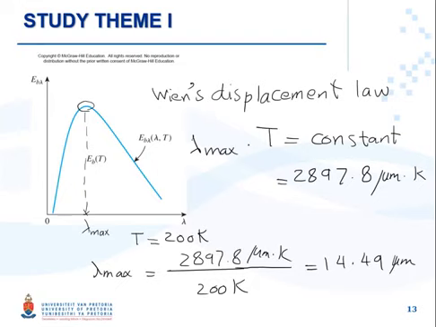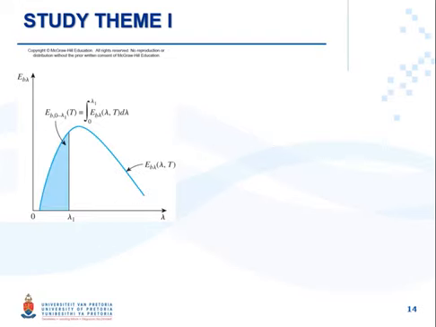Now let's go to the next slide and see. We talked about Planck's law and the spectral blackbody emissive power for a given temperature. If we integrate for all possible wavelengths, which would be the area under the curve here, we will have the blackbody emissive power. Am I right?